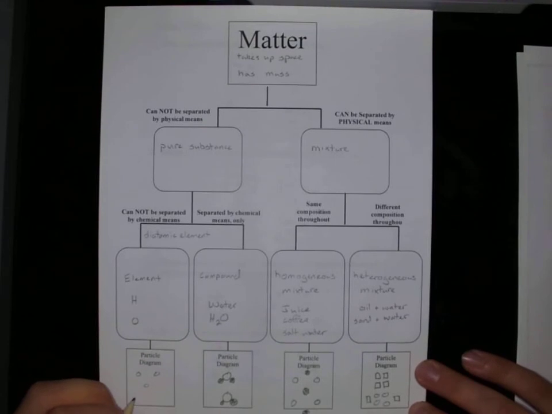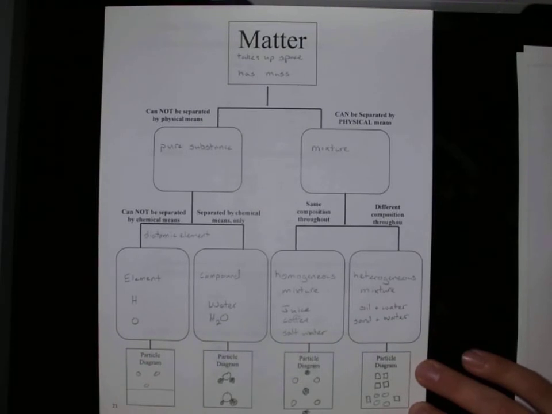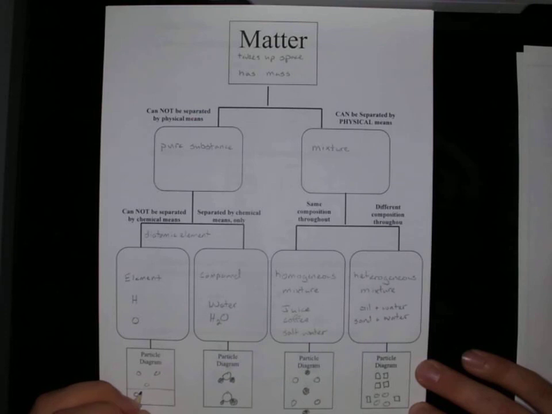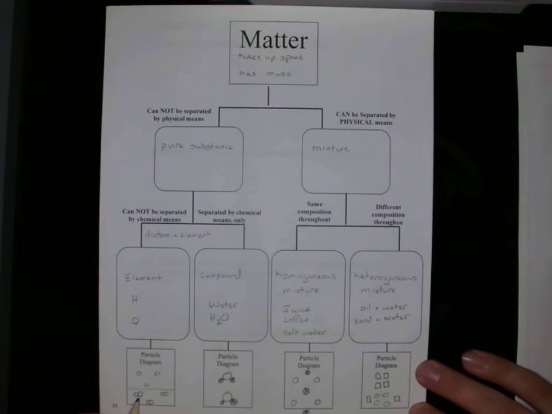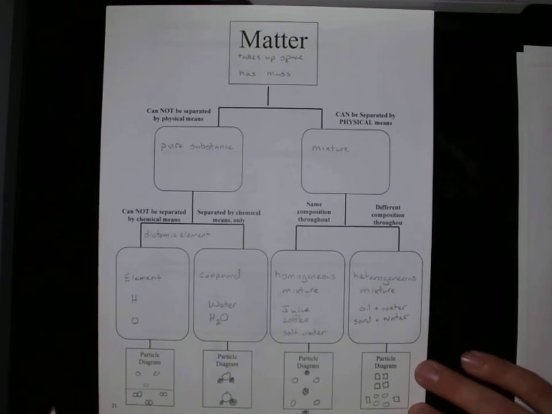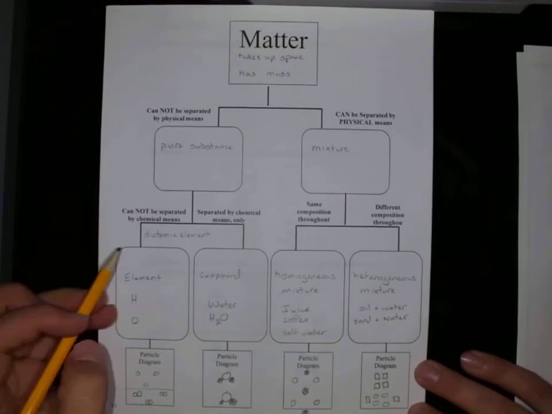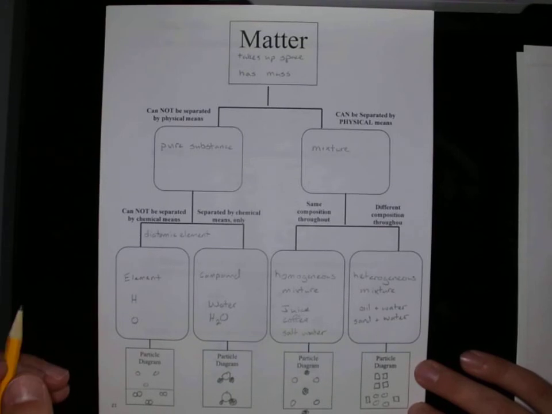So we could have, I'm going to give it one particle diagram up there, different particle diagram down here. It's chemically bound, right? They're chemically bound, but it's the same type of element. So you're not really going to be able to get a different element out of it, okay? So it's still an element, but it's a diatomic element, okay? And we'll talk about what those are.